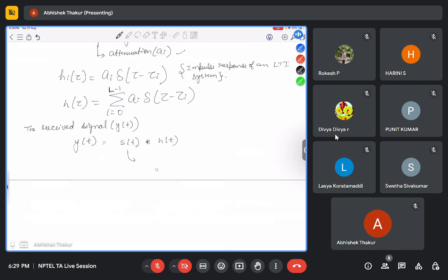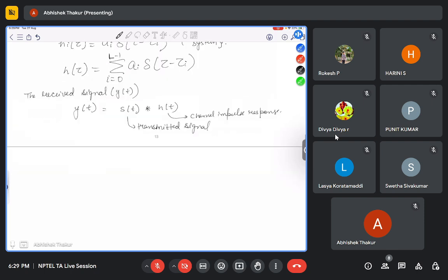So this is our transmitted signal s(t), and h(t) is the channel impulse response. We know the formula of convolution, so we can write y(t) equal to the integration from minus infinity to infinity of h(tau) multiplied by s(t minus tau) d tau. This is the convolution formula.